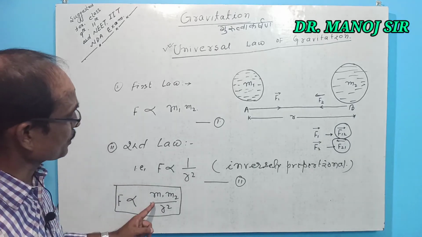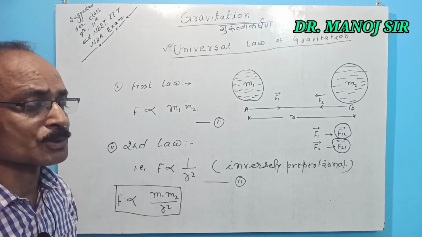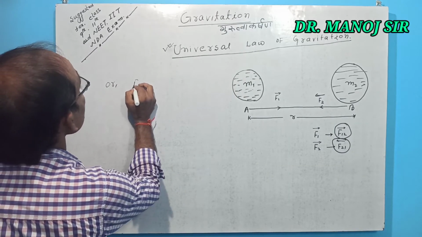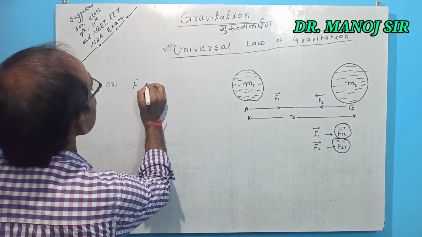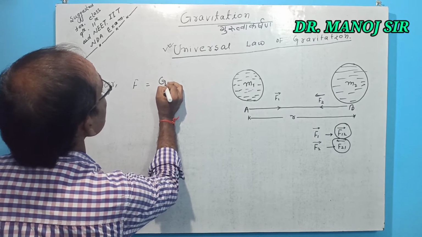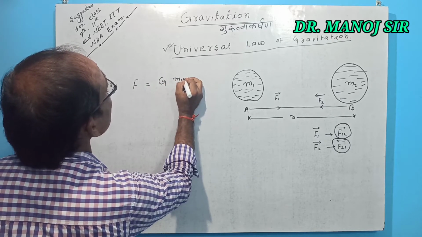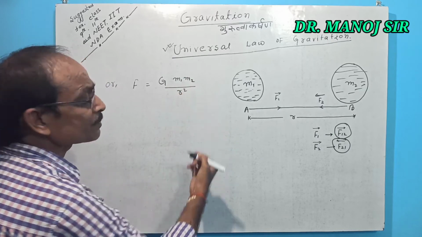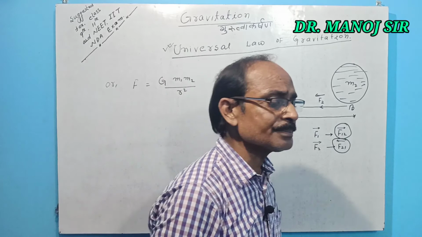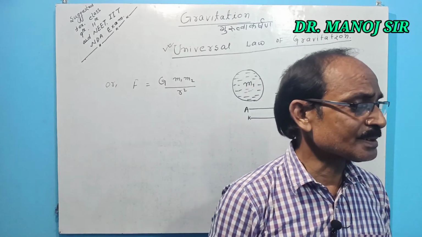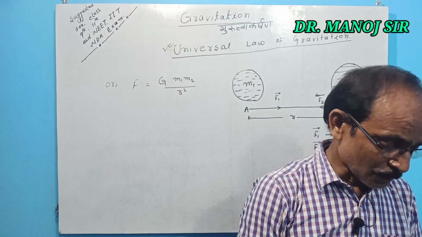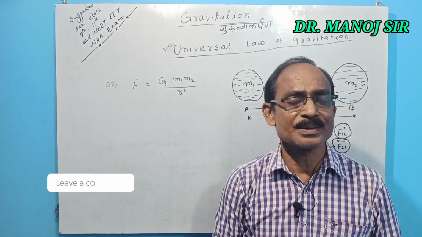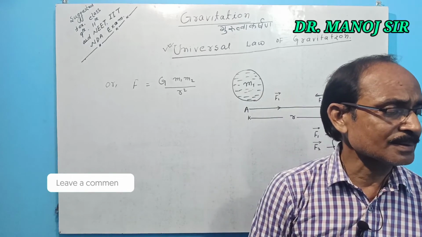F varies as m1 m2 by r square, and F equals G m1 m2 upon r square, where G is the constant known as the universal gravitational constant.